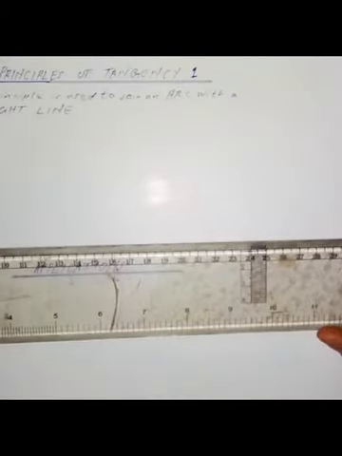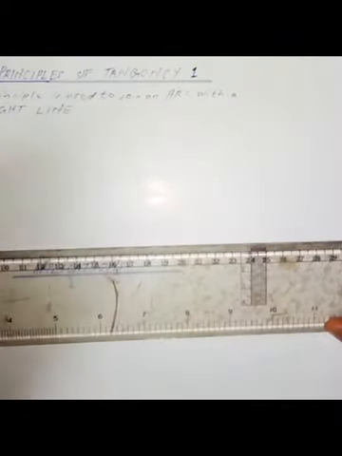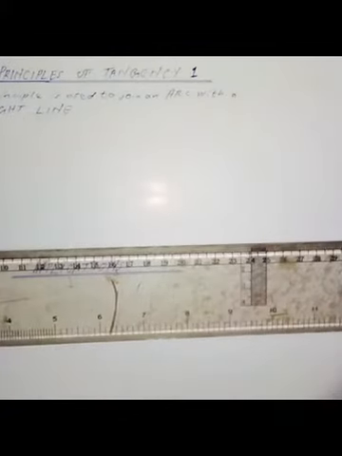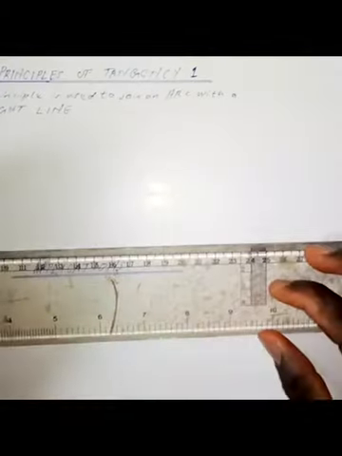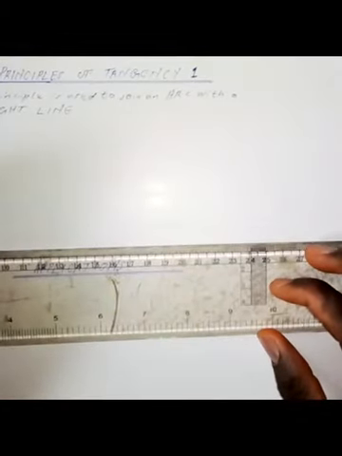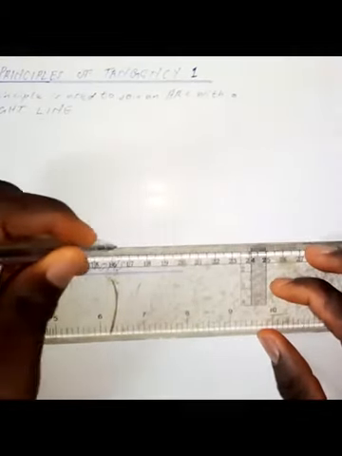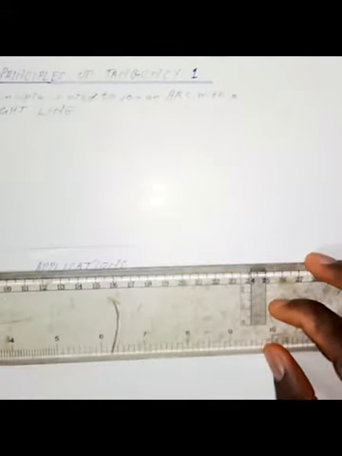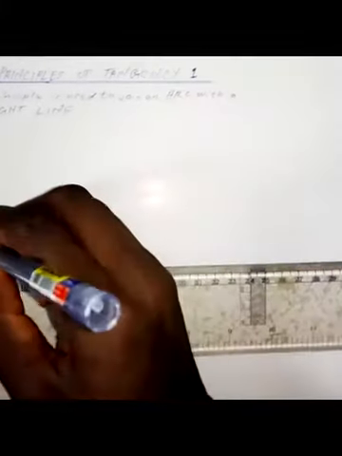Okay, so let's look at the principle as it is written on the paper. We want to join an arc with a straight line. We want to connect an arc and a straight line together. So we draw a straight line. Let me call it line AB.